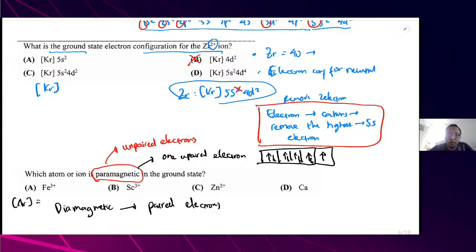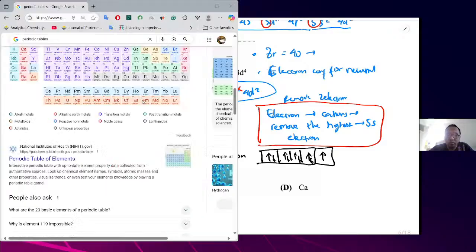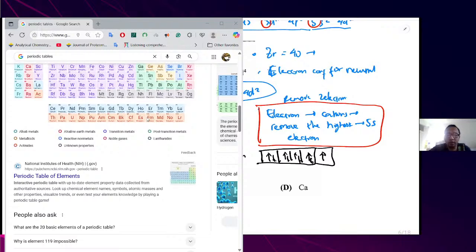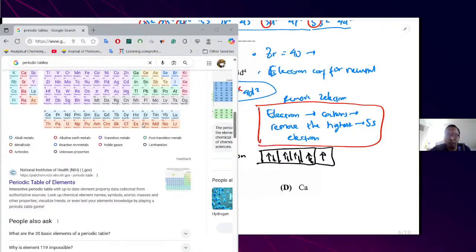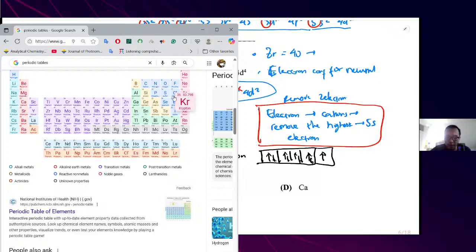Hopefully this works in the capture too. Okay, it worked now. We'll see from here. In the periodic table you will see the iron, and there is an Ar over here.